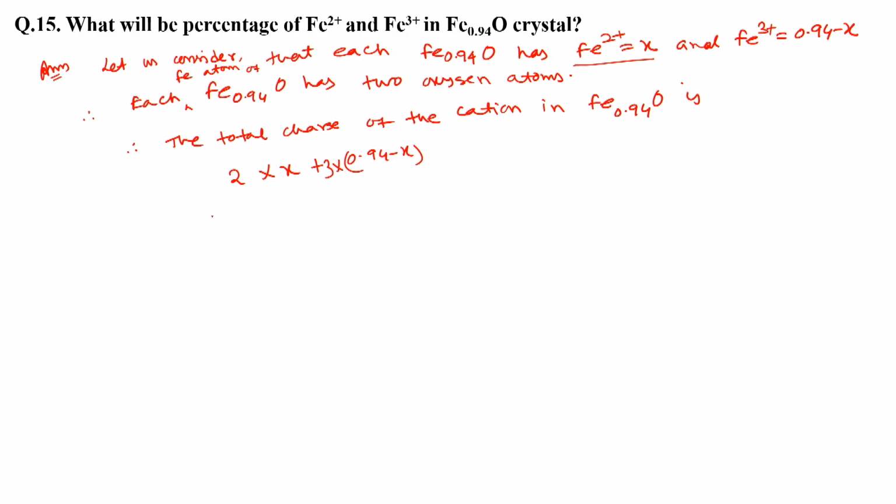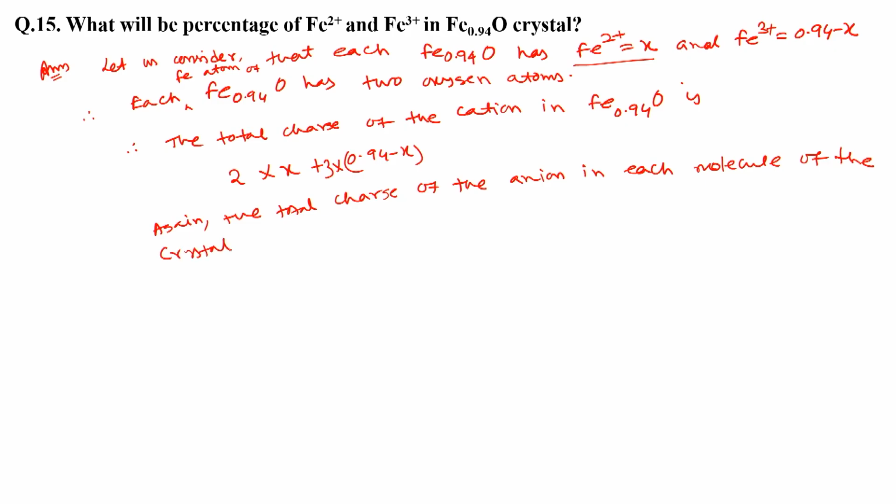Now, the total charge of the anion in each molecule of the crystal is -2.